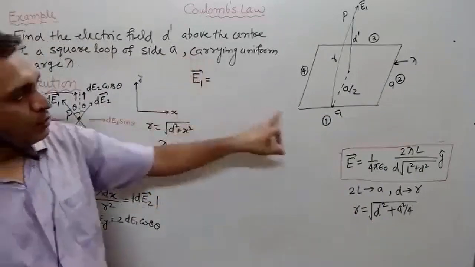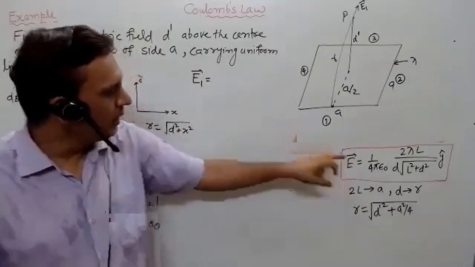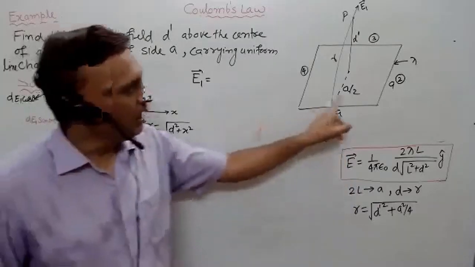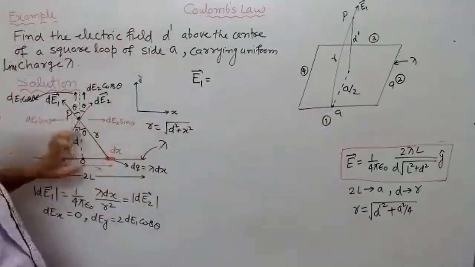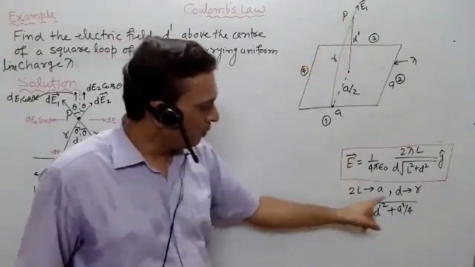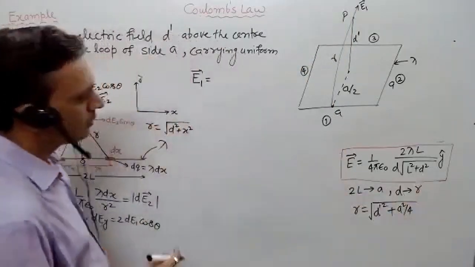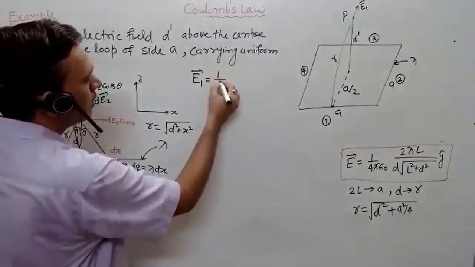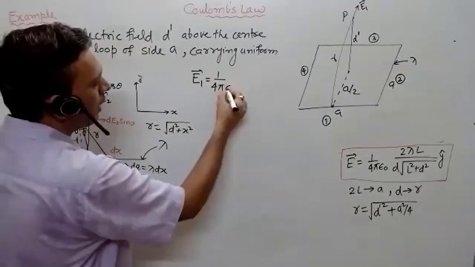How to write the field due to segment 1? In this relation 2l is replaced by a, and this d distance away is, in this case, a small r distance away, so replace small d by small r. So you will get 1 by 4 pi epsilon naught.